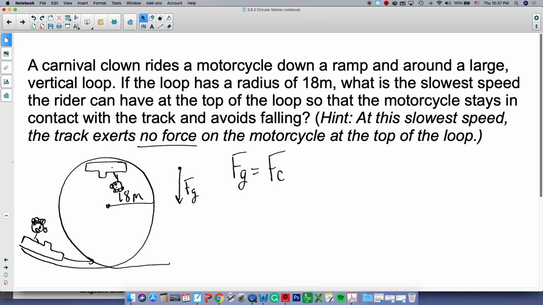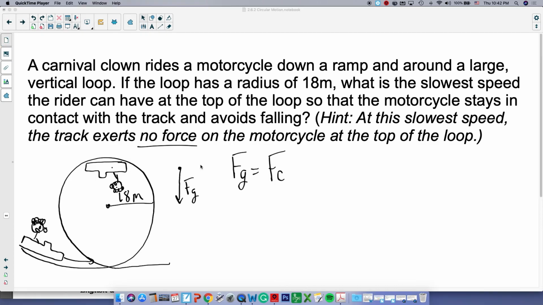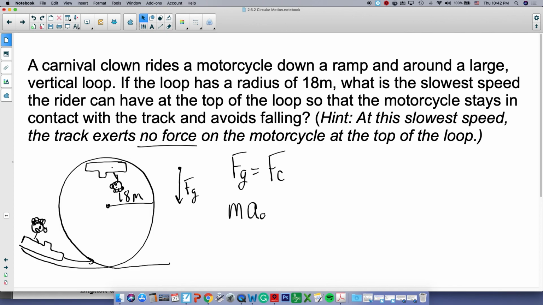All right, well that's interesting. We could set these two equations equal to each other. So we have mass times the acceleration, that's gravity, and my centripetal force, that's mass times 4 pi squared times radius over period squared.